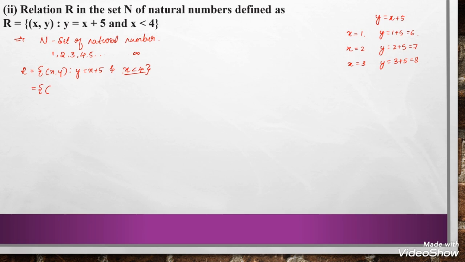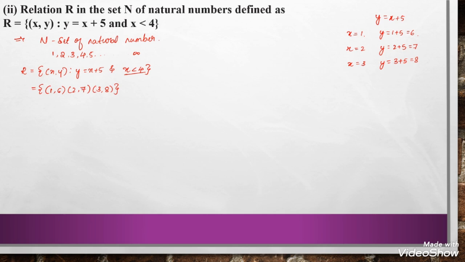These are the ordered pairs of the given relation: (1, 6), (2, 7), (3, 8).